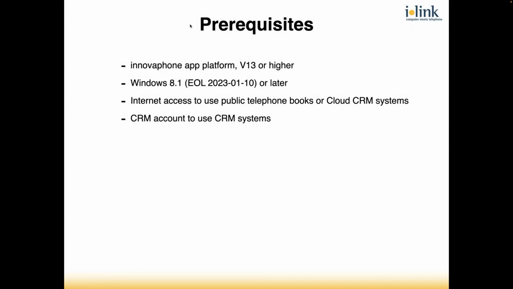Carsten, just to cover the question that came up in the German webinar: you don't need any additional licenses on the CRM side, right? If you have Salesforce, you have to have a Salesforce account, and that of course requires a license. But no additional licenses to use your software. So it's just on the Innovaphone side that you need to license your software. There's no need to do it on the other side as well.